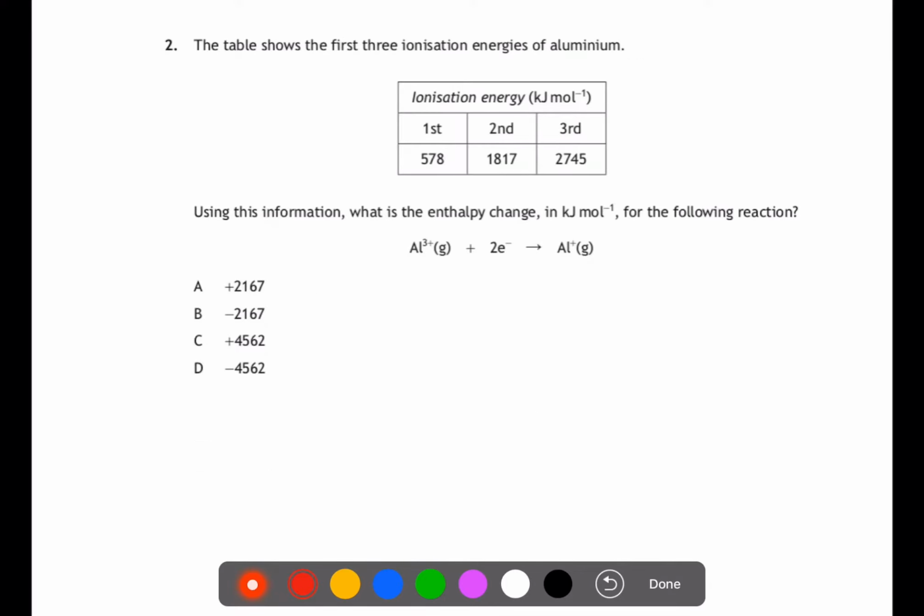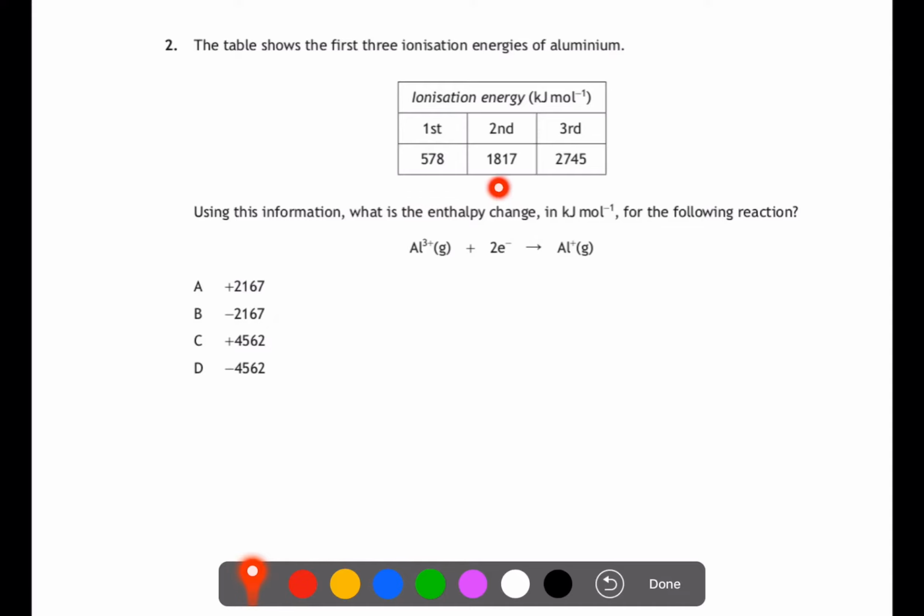Question 2. The table shows the first three ionization energies of aluminium. Using this information, what is the enthalpy change in kilojoules per mole for the following reaction? The values shown in the table are the energy required to remove 1 mole of electrons from a mole of aluminium atoms in the gaseous state.